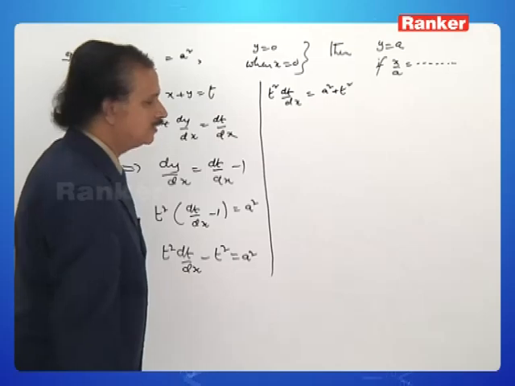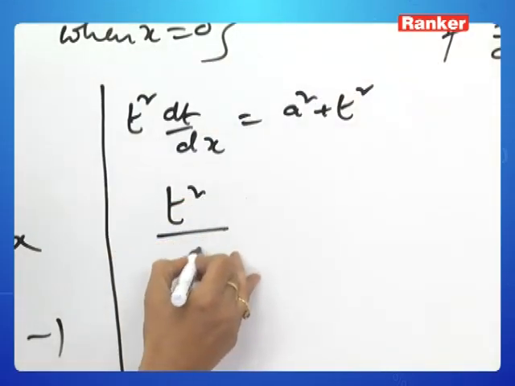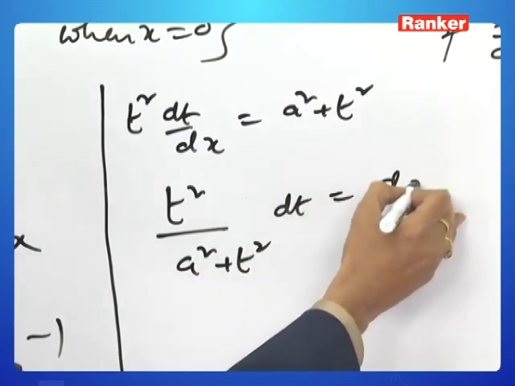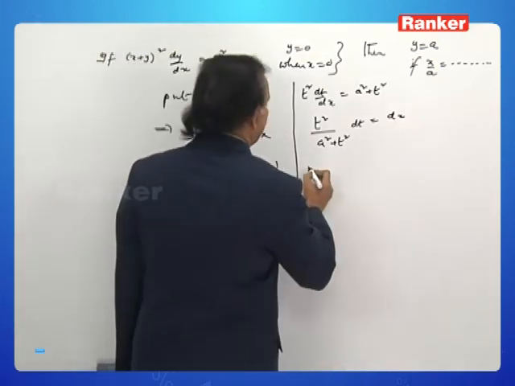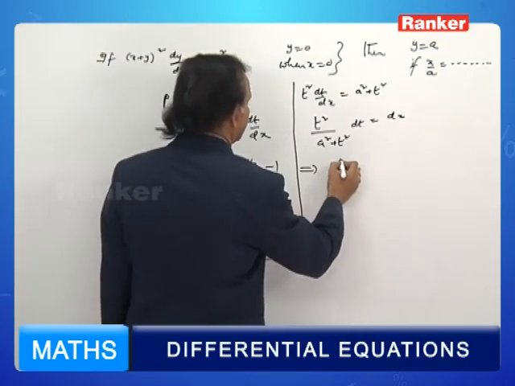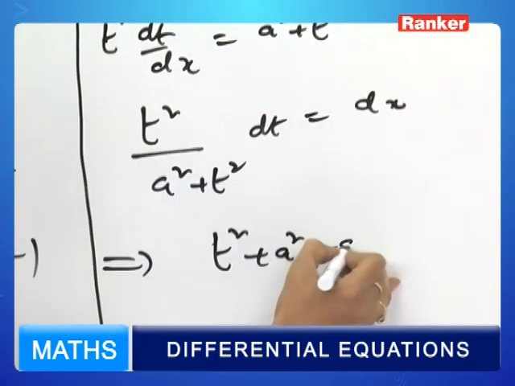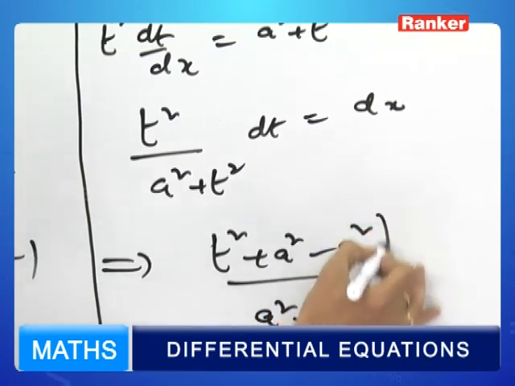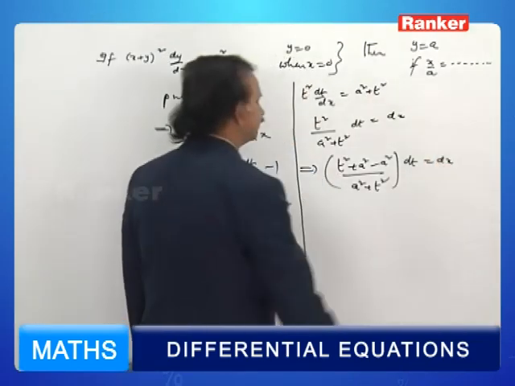Therefore t square by (a square plus t square) dt is equal to dx. Therefore (t square plus a square minus a square) by (a square plus t square) dt is equal to dx.